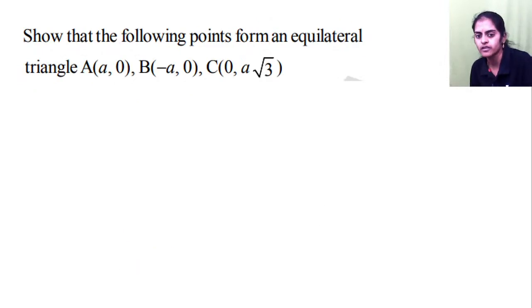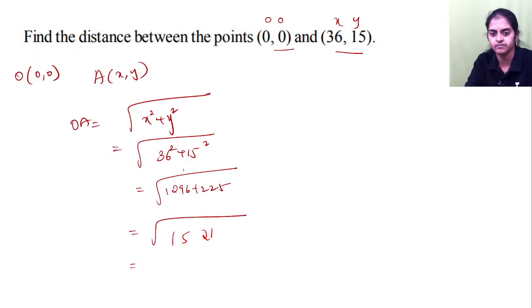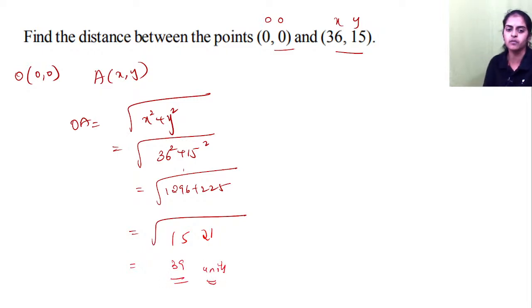So what is the root of 1521? 39. Okay, so 39 units is the distance between the points A and O. Clear, people? Any more doubts here? Clear?